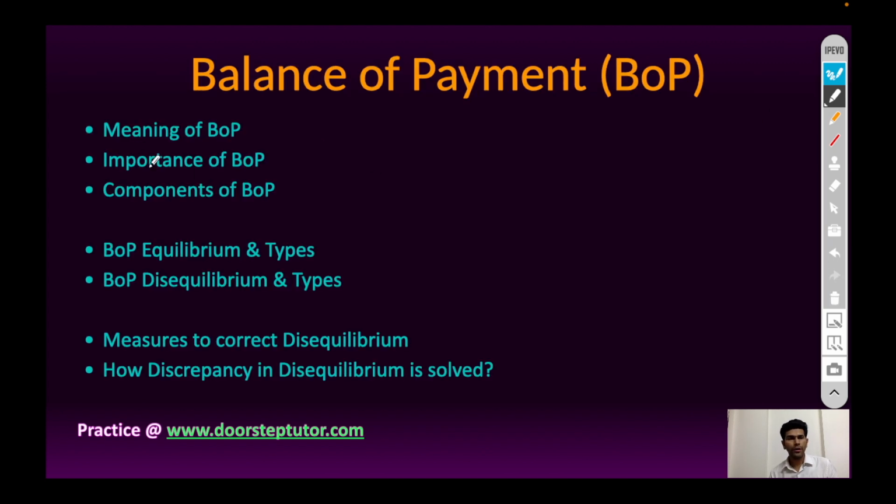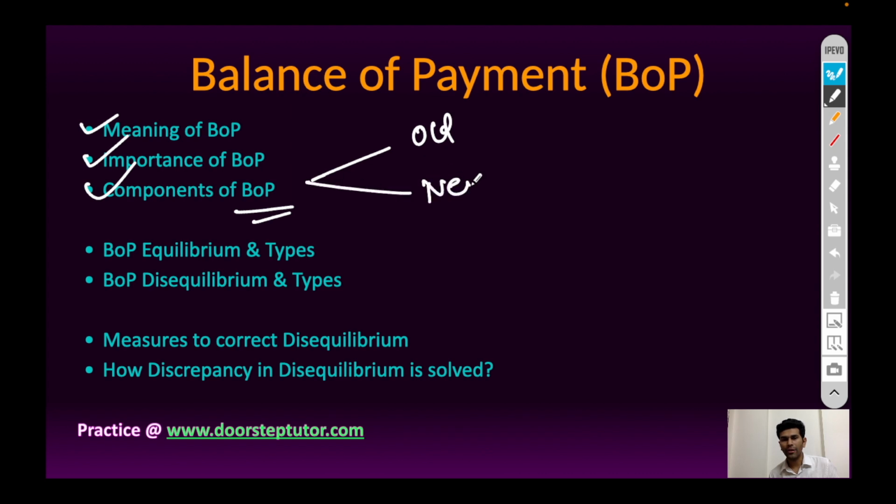So we have covered the meaning, importance and components of balance of payment. We have learned the old method as well as the new method. The old method is the horizontal method, the new method is the vertical method. Balance of payment account includes the balance of current account and the balance of capital account.